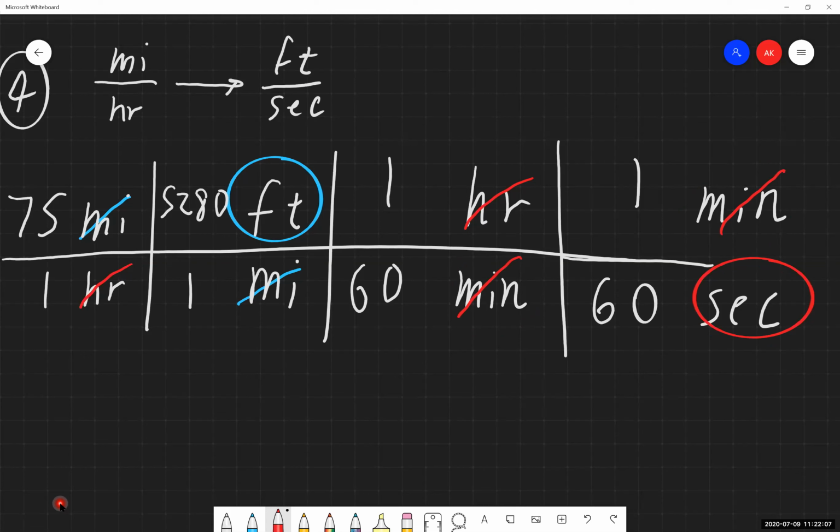So now I can look at this and say, I have feet in my numerator spot, which is what I wanted. I have seconds in the denominator spot, which is what I wanted. I am done with writing out and setting up everything for myself. I don't need to worry about putting some different units in. I can now just focus in on number crunching. Primarily, the calculator can focus in on number crunching because it's going to do all the heavy lifting for us.